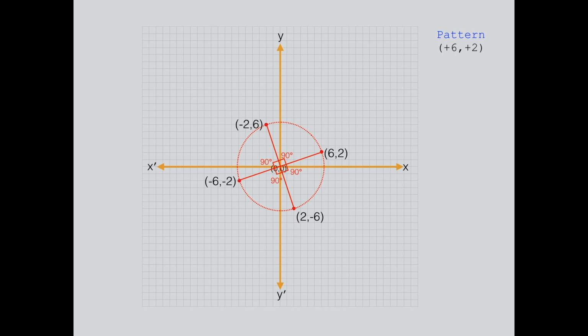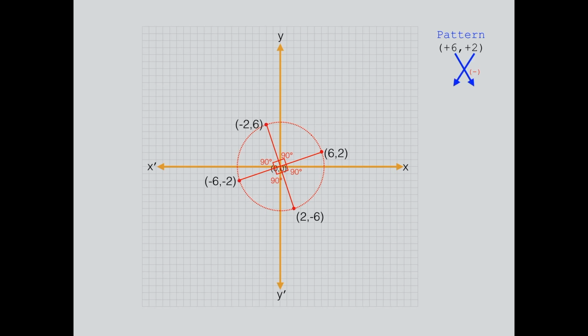We began with positive 6, positive 2. Now, in order to get to the next 90-degree clockwise rotation, first of all, we have to have a negator, and what we're essentially going to do is swap. As you can see, we went from 6, 2 to 2, negative 6, and so we're going to swap the 6 and the 2.